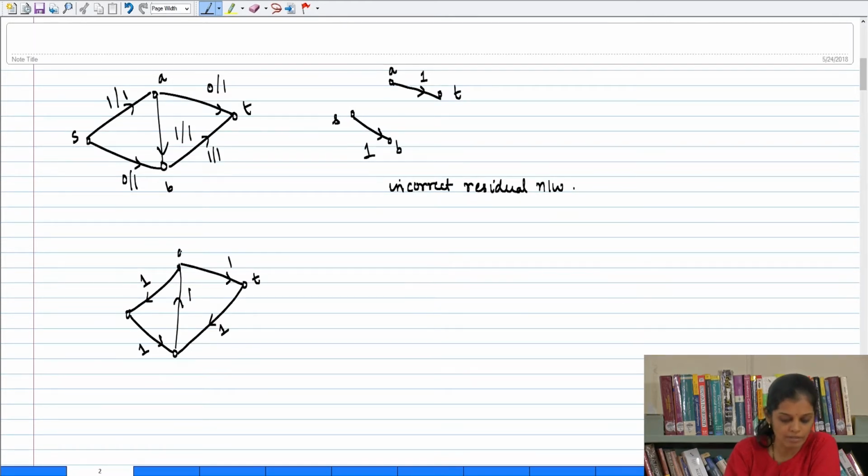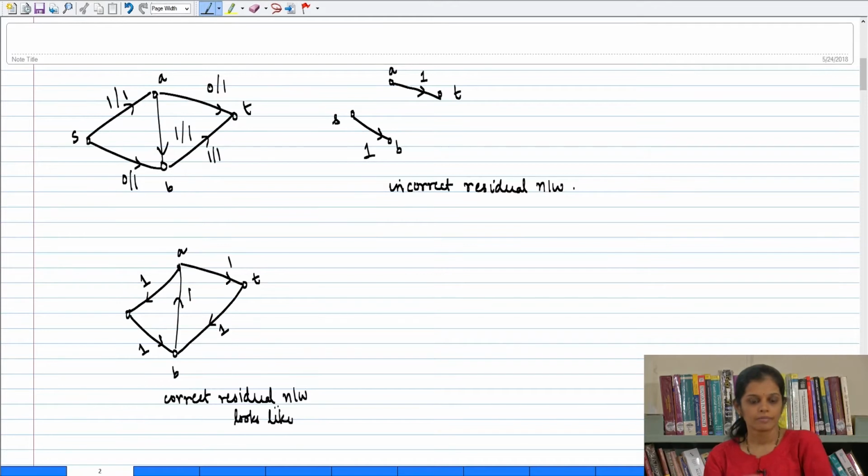So this is how the correct residual network looks. Now, is there an ST path? There is indeed an ST path, which is SBAT, and along that you will send 1 unit of flow.